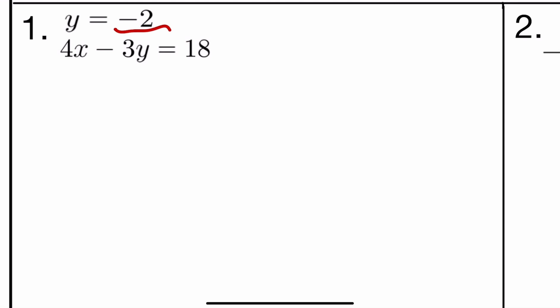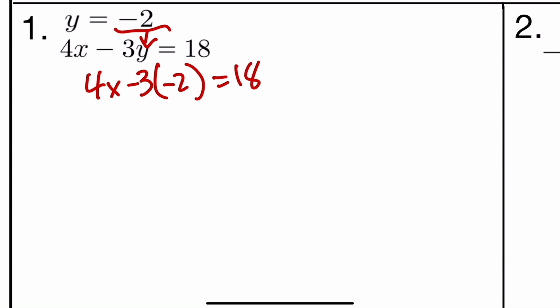So I'm going to take my negative 2 and I'm going to plug it in for y. So I'm going to rewrite my bottom equation. That was 4x minus 3y, but not y. I don't want y. I want what we said y is equal to. I want this to go in here. So we got 4x minus 3 times negative 2 equals 18.